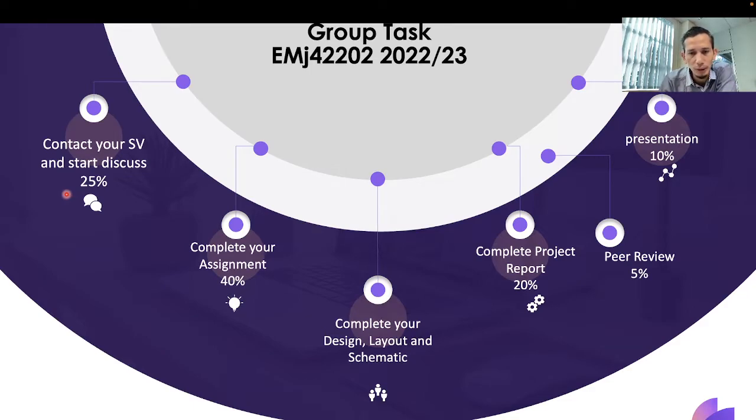So how can he meet all of your groups at the same time, because he also has 2 hours per week kan. So you discuss lah, you make arrangements with your supervisor. Make sure your supervisor knows your group very well. Whatever your problem, you can discuss with him.